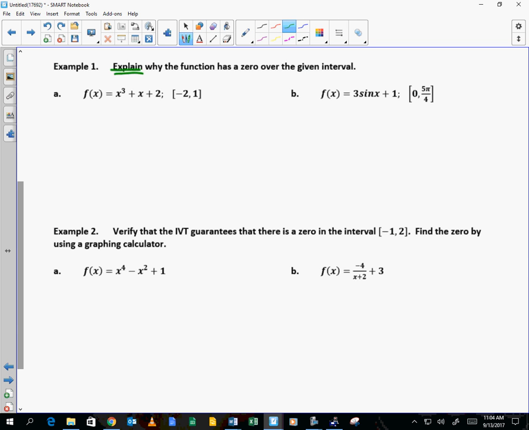Yeah, it crosses the x-axis. So you could plug in some x value and get 0. So what it's saying is there's some number between -2 and 1 such that when you plug it in, you get 0. We're going to show that that's true.